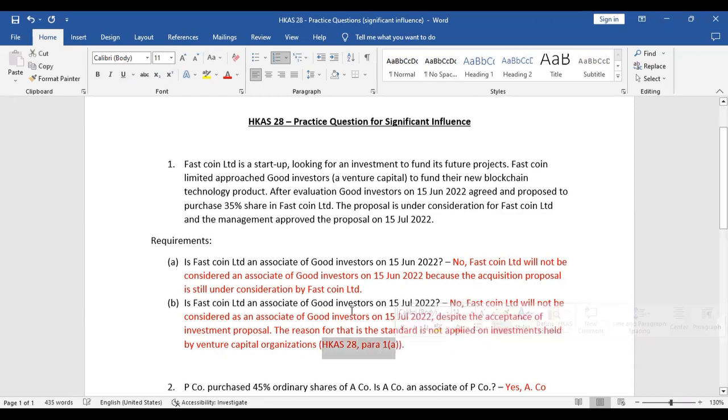Paragraph 1A tells you that this is out of scope. The standard is not applied to venture capitalists, mutual funds, and some other entities, which you can refer to in the standard itself. So on both dates, Fastcoin Limited is not going to be an associate of Good Investors. That would be the answer for question 1.